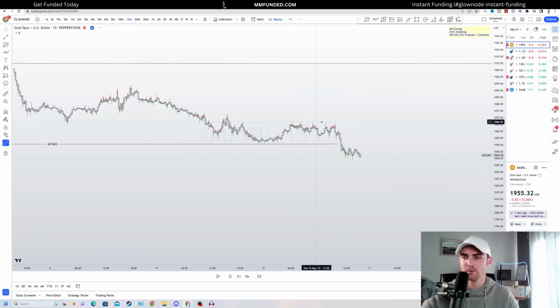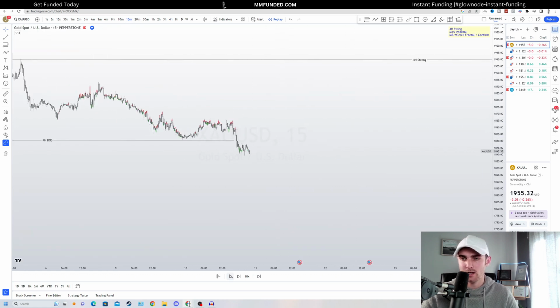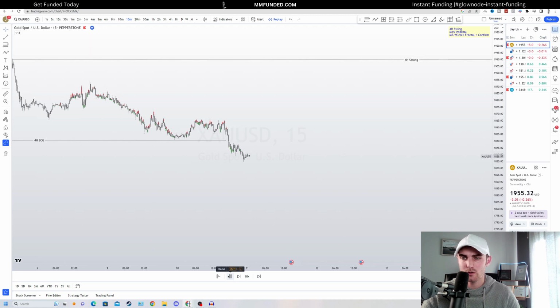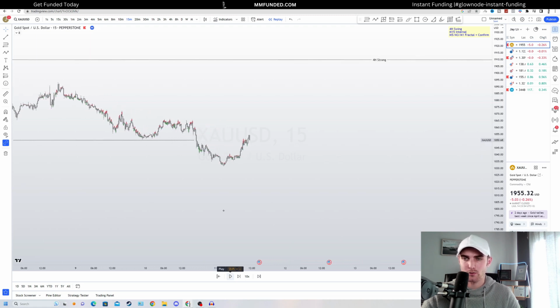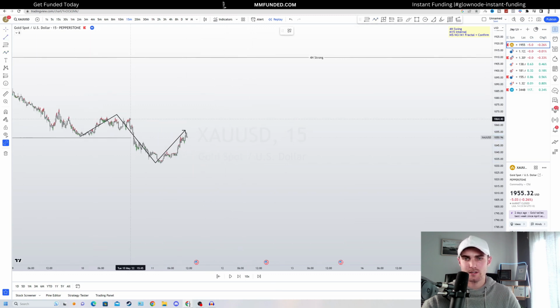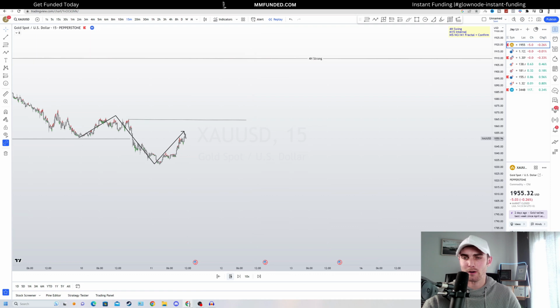We now need to wait for that M15 break of structure to the upside to confirm our 4-hour weak low. All right, so it's still bearish, and right over there we've had that M15 break of structure. All right, so we want to see this high get taken out to confirm our 4-hour weak low.